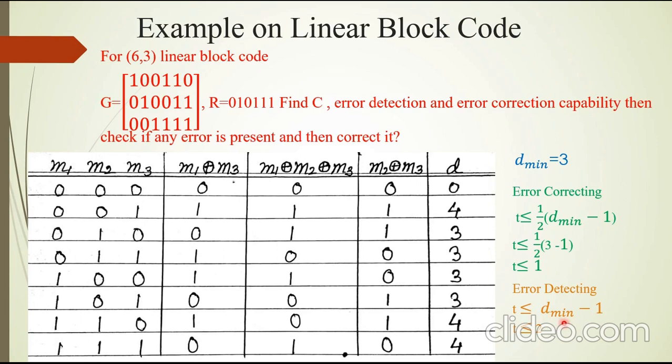So d minimum is 3, so 3 minus 1 will be 2. So it can detect 2 errors and it can correct 1 error.